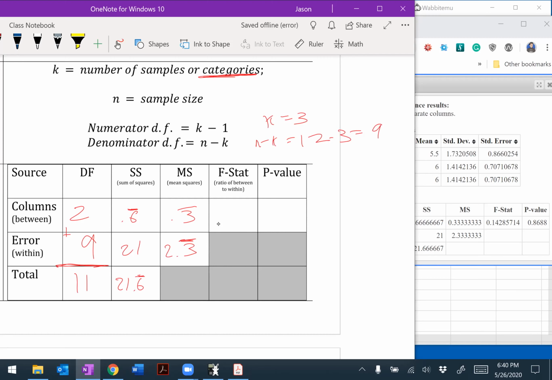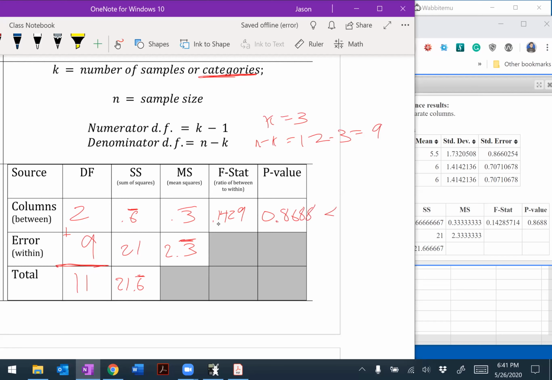And that will give me an F statistic, which is 0.14286. A pretty small F statistic, which is going to lead me to a pretty large p-value.